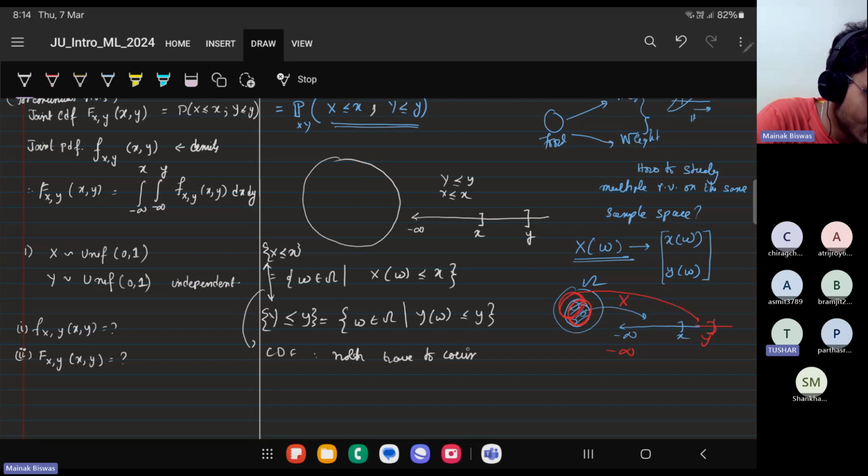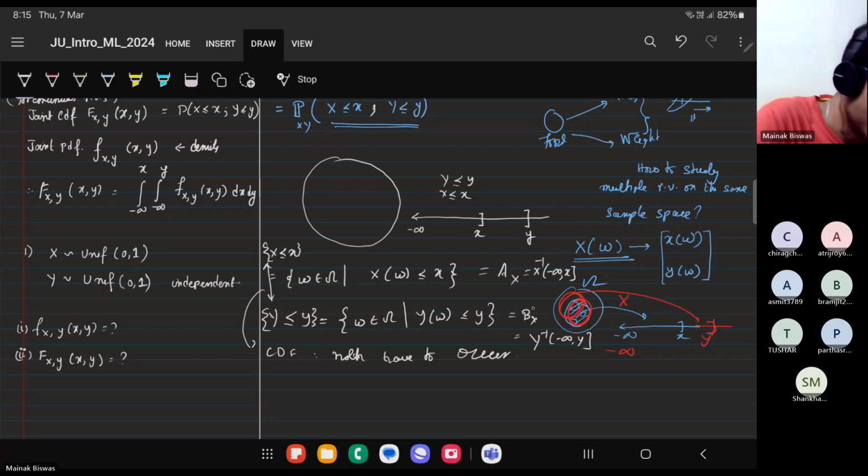So what will happen? Let us denote this as A of x and this as B of x, which I am also representing as X inverse of minus infinity to x, and Y inverse of minus infinity to y. In the Venn diagram, how will things look?